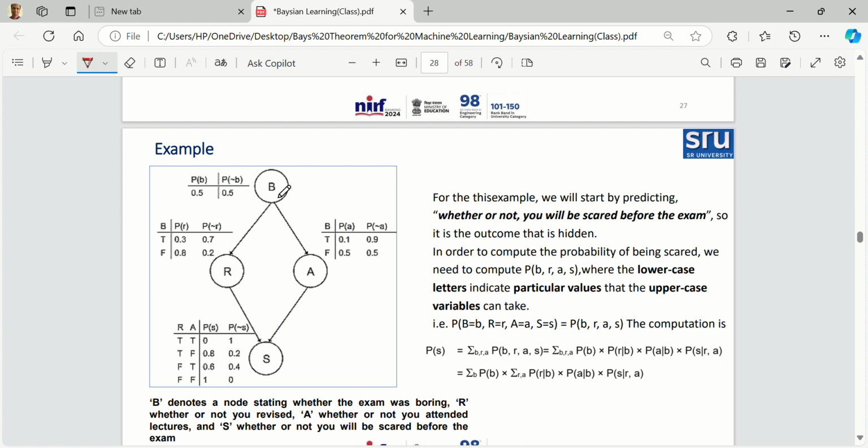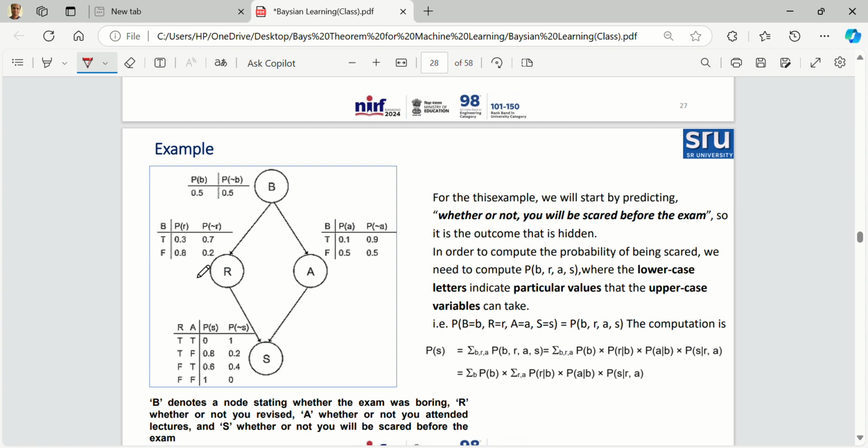If the exam is boring, then you are not reading. If A is false, you are not attending the class, and you are scared before the examination. So there are four variables: S, R, B, A. The probability of B is 50-50. The subject is boring or may not be boring.